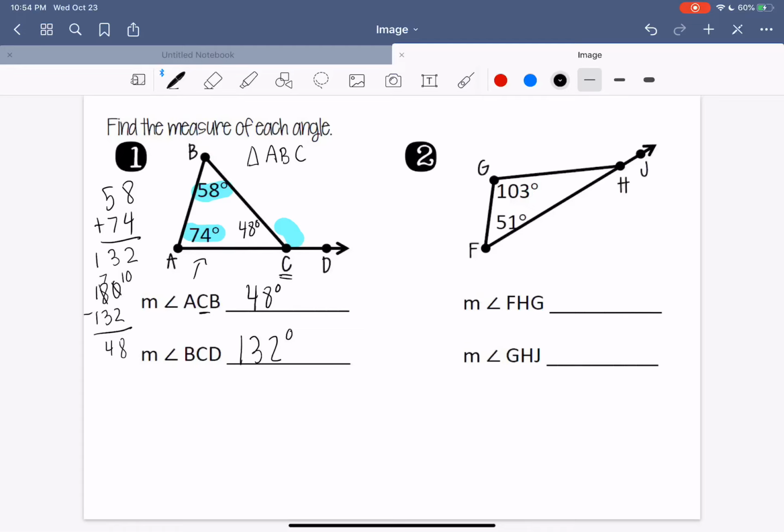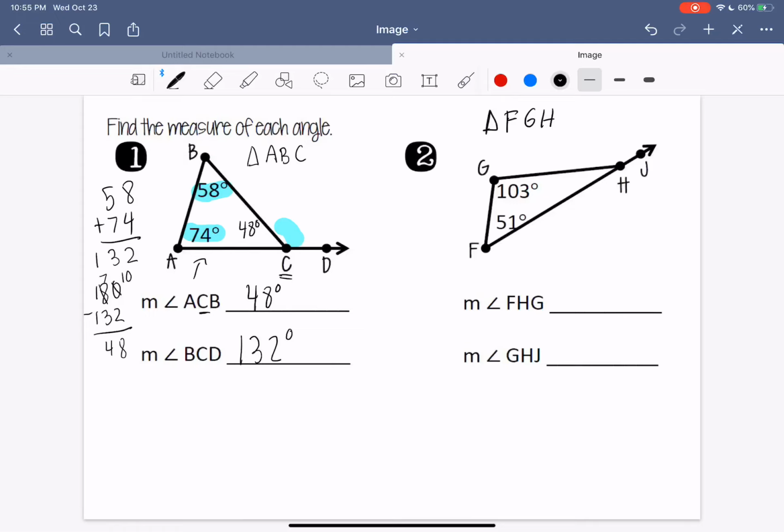So, again, here we have triangle FGH. Just checking my alphabet.